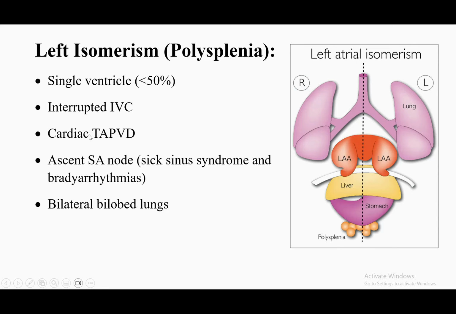We would have a cardiac type total anomalous pulmonary venous drainage, and an absent SA node, so we would have sick sinus syndrome or bradyarrhythmias, because we do not have an SA node. So any focus may predominate the heart rhythm, and we would have a polysplenia, multiple spleens, and that would not be a problem.